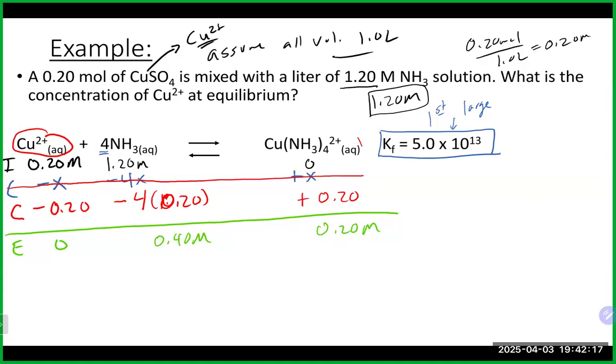Now, the question is actually asking what is the copper 2 concentration at equilibrium. And clearly in our ice table, we zeroed it out, right? Which means this wouldn't be much of a problem if that was the answer for all of these, right? So it is not.